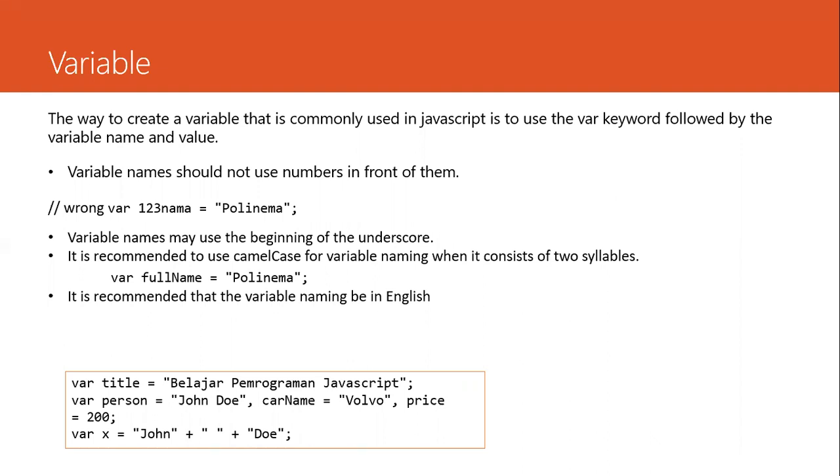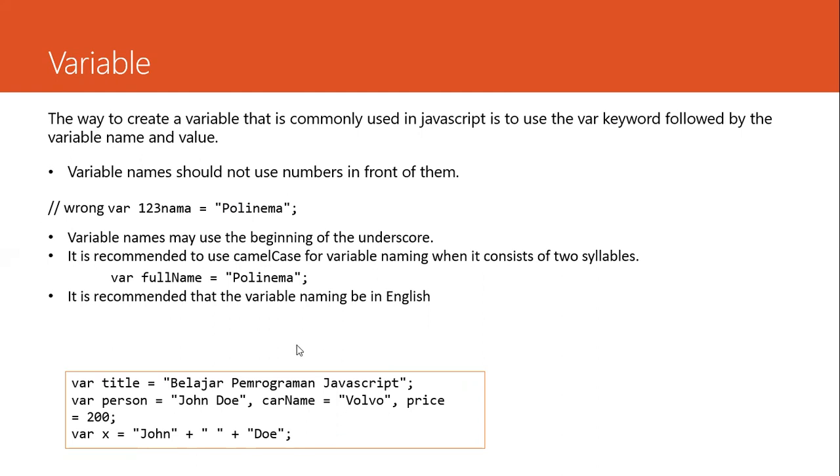In JavaScript, if you want to make a variable, you can type var, and then follow it with the variable name. But to make a variable name, there are some restrictions or requirements. You should not use a number in front of the name.